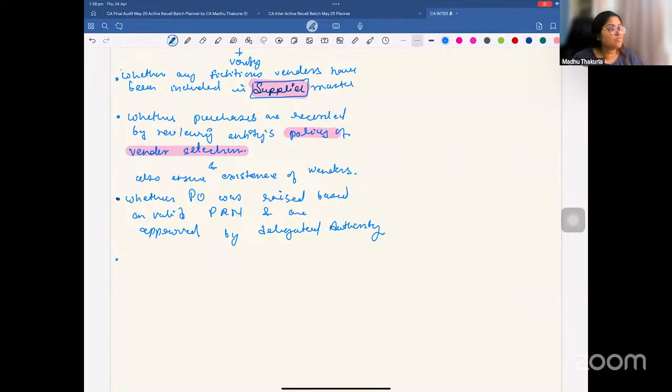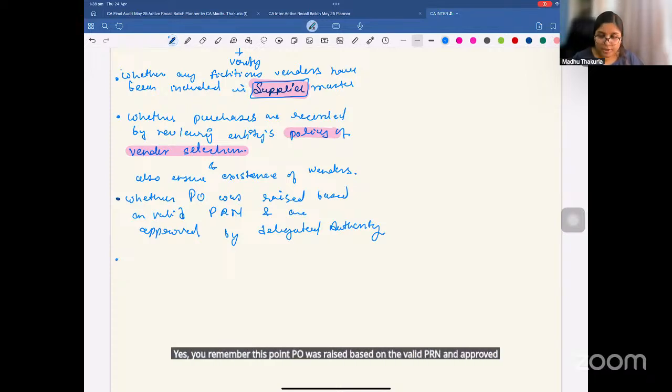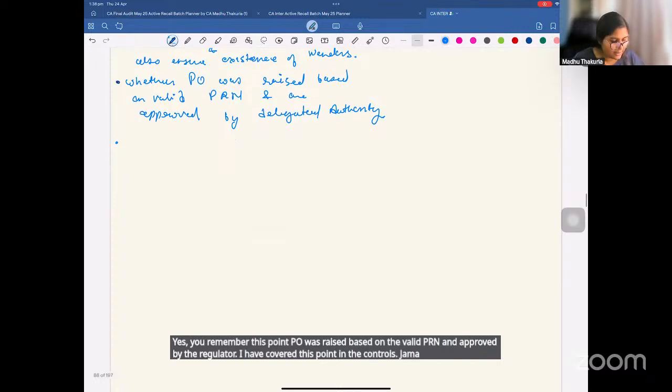Do you remember this point? PO was raised based on the valid PRN and approved by the delegated authority. I covered this point in the controls when I was explaining above.